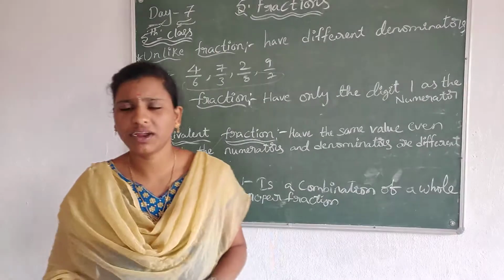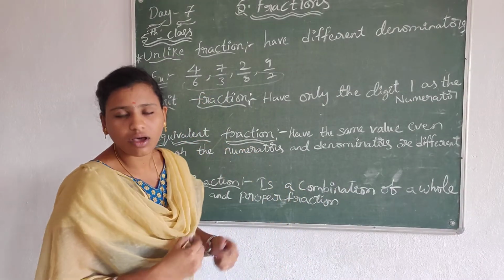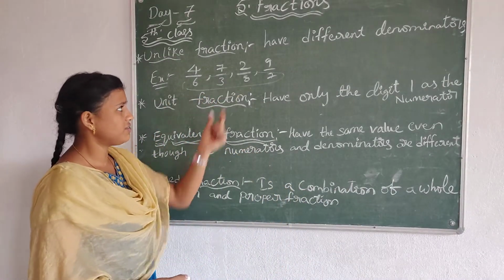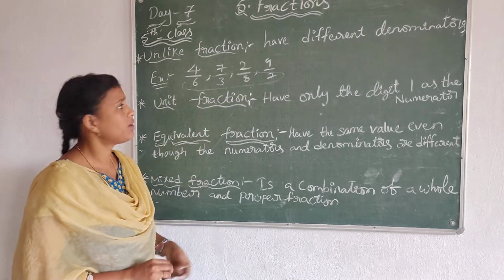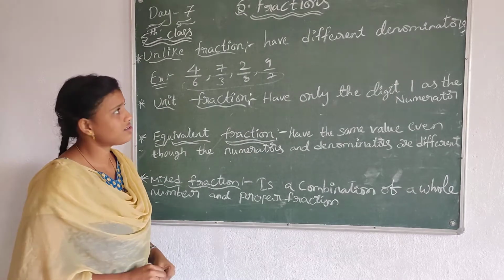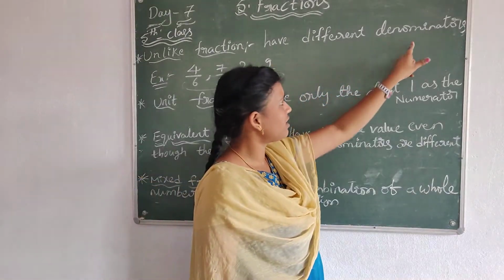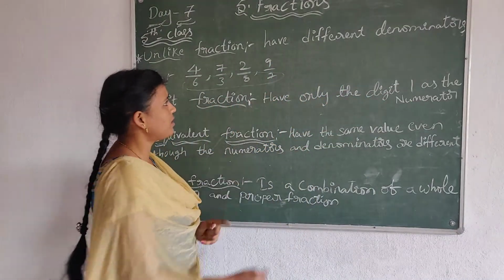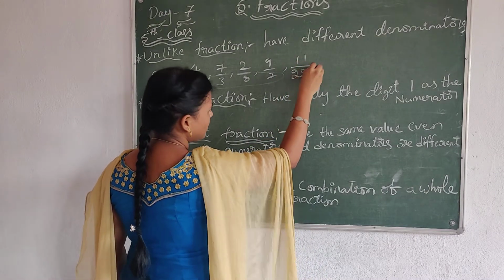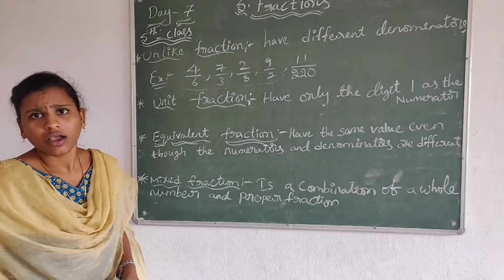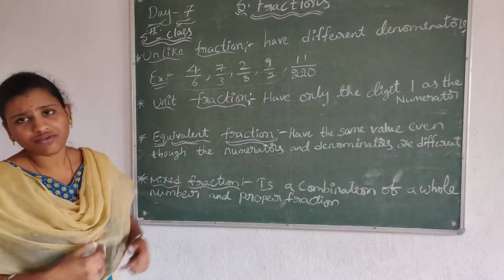All the denominators are different. So, this type of fractions are called unlike fractions. Okay, they have different denominators. For example, take 11 by 220. This is also an unlike fraction.